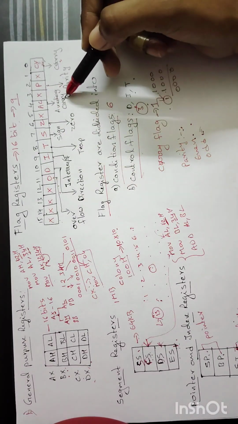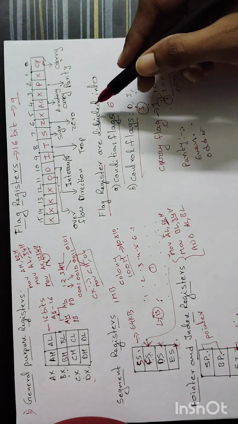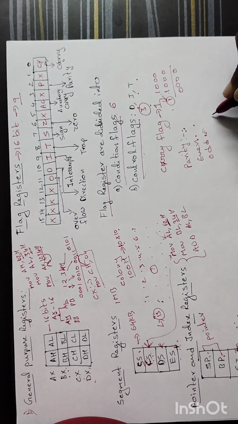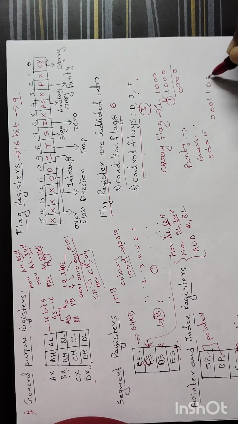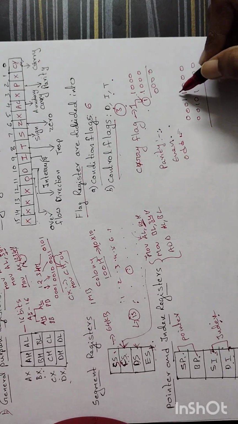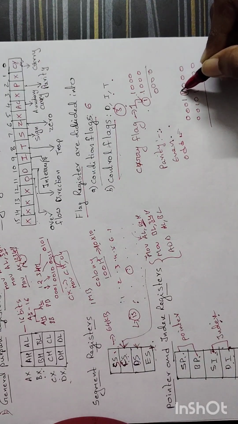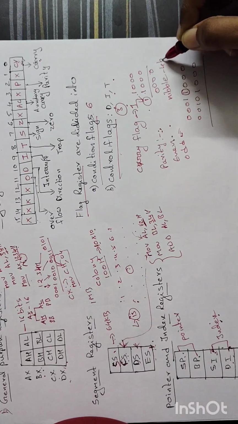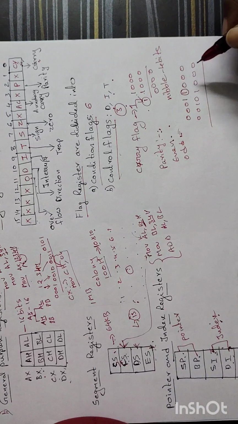Auxiliary carry. The difference between the carry and auxiliary carry is, if you add 8-bit data, for example 0001 1000 and 0010 1000, the auxiliary carry is the carry generated from the lower nibble, which is 4 bits in size.